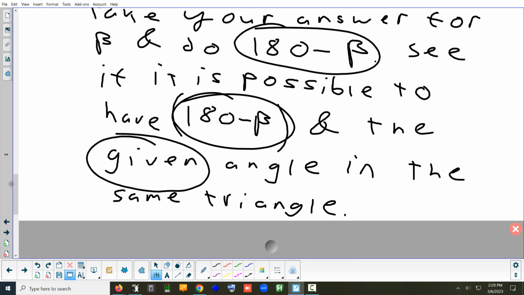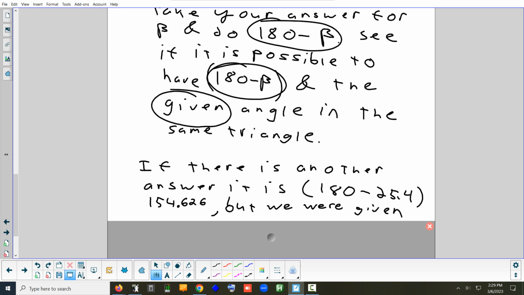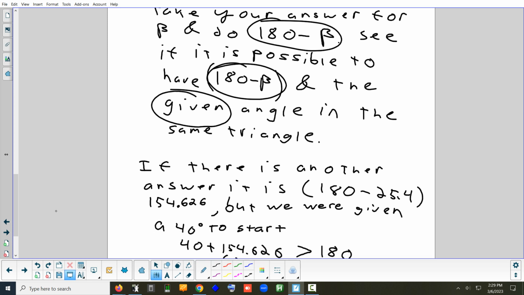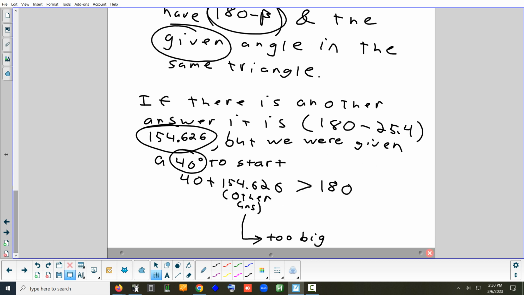So let me scroll down and I'll write down what we just did. So if there's another answer to this problem, it was supposed to be 154.626. But we were given a 40 to start with. There's no way that you can fit 40 and 154 in the same triangle, because it adds up to more than 180.